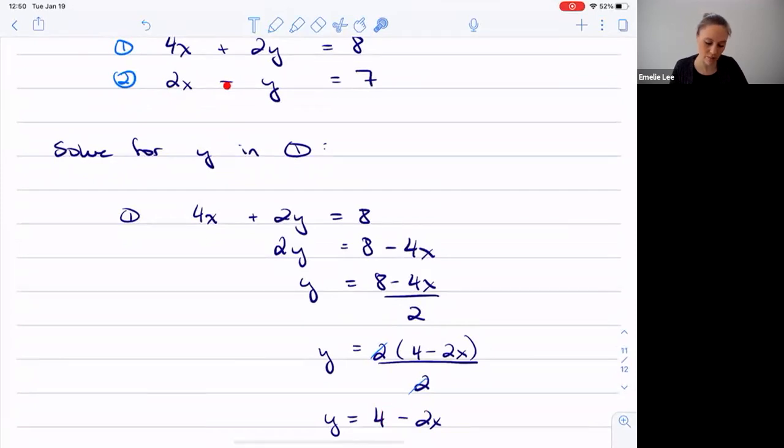So 2x minus, with that negative in the brackets, 4 minus 2x. Just to give you an idea, you're going to be able to solve for x. Once you have the x, you can come back here and substitute it in here and solve for y. But like I said, we'll do that next day.